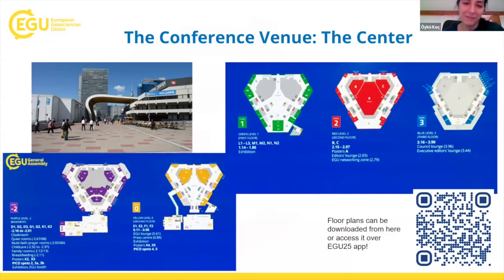I can remember clearly how I was when I first joined EGU, like a headless chicken running up and down. So I would definitely suggest you download the floor plans. You can either use the QR code, or you can reach the floor plan on the EGU25 website. And when the app is available, you can download it from the EGU25 app. Next slide, please.